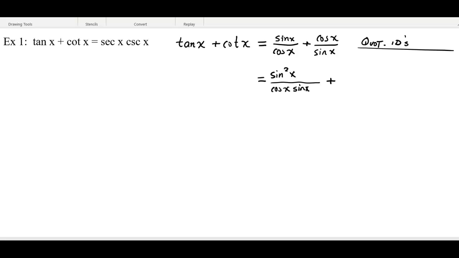And I'm going to multiply the numerator and denominator of the second fraction by cosine of x. So that's going to give me cosine squared of x over cosine of x sine of x. So all I've done there is built two fractions that have LCDs.